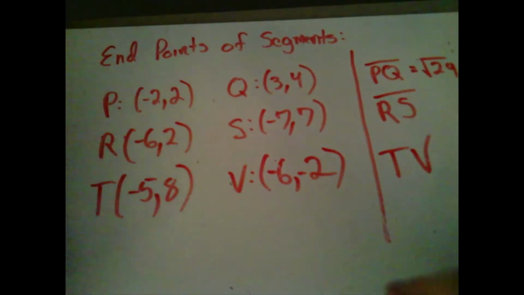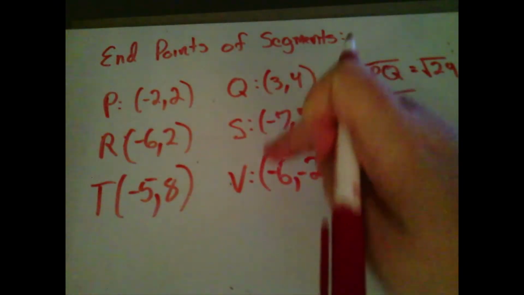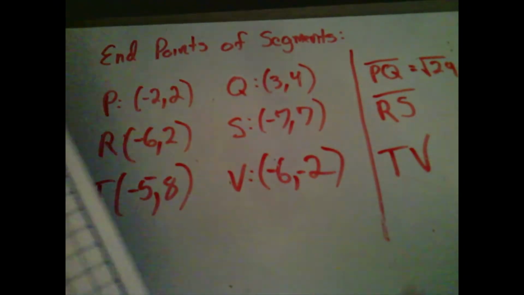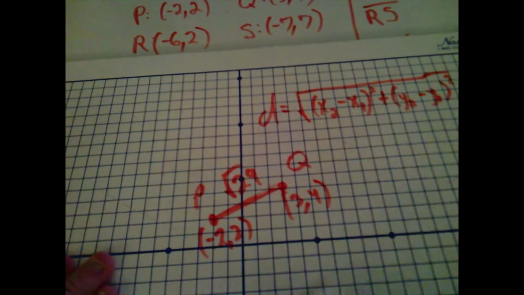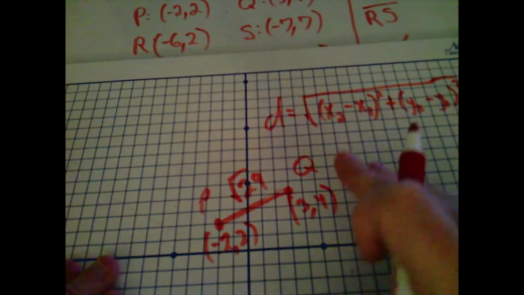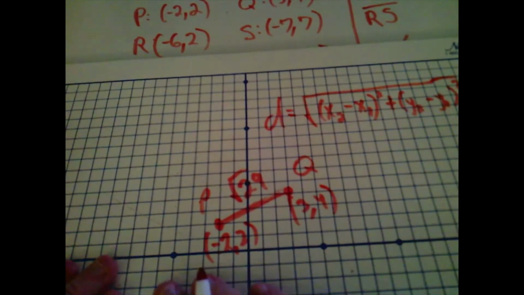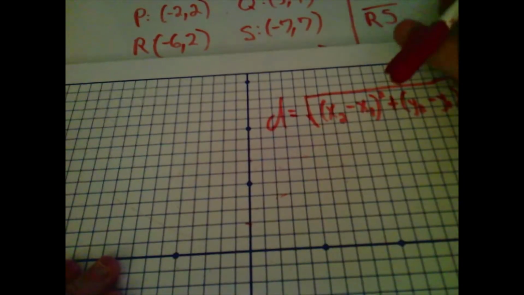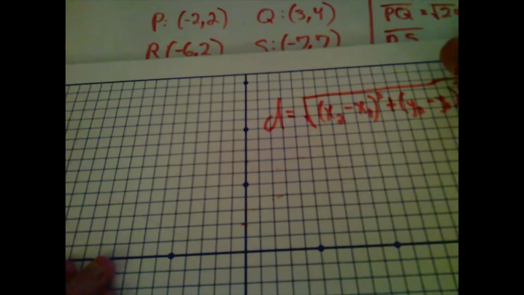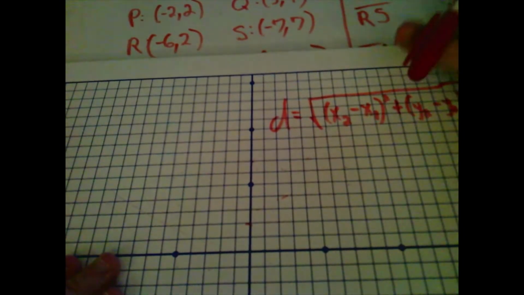We now have 2 more segments. Let's go ahead and find out what those are. Staying with the distance formula, we know what the distance between P and Q is. It's the square root of 29.